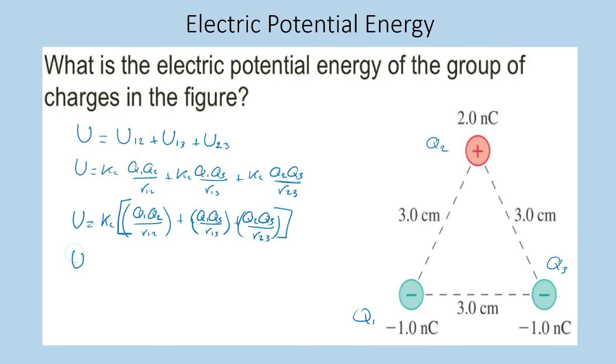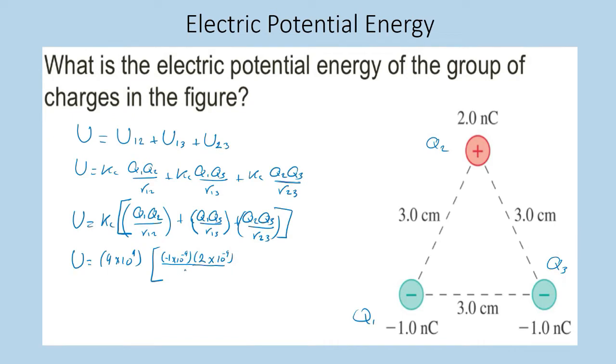So U is equal to Kc, which is 9 times 10 to the power of 9, times Q1, which is negative 1 nanocoulomb, so negative 1 times 10 to the power of negative 9, multiplied by Q2, which is 2 nanocoulombs, so 2 times 10 to the power of negative 9.